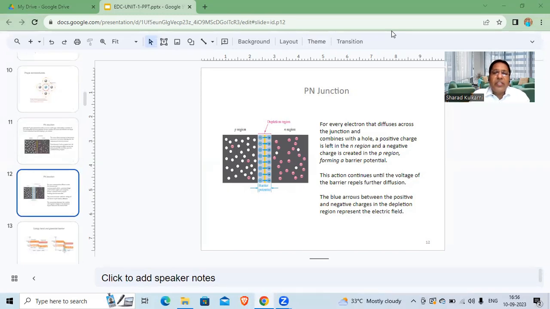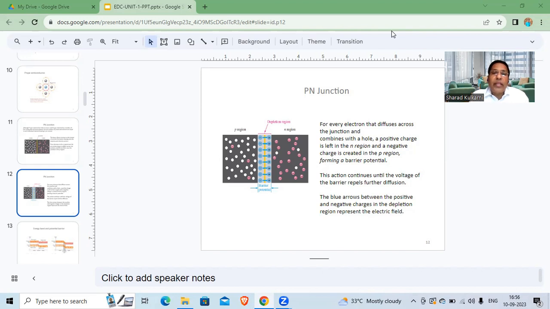In the depletion region, we can see only immobile charge carriers are there, and because of that, the further movement of charge carriers from P region to N region and electron movement from N region to P region will not continue.